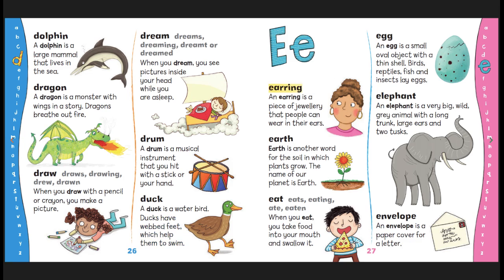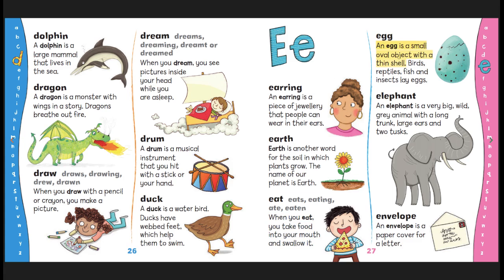Earring. An earring is a piece of jewelry that people can wear in their ears. Earth. Earth is another word for the soil in which plants grow. The name of our planet is Earth. Eat. Eats. Eating. Ate. Eaten. When you eat, you take food into your mouth and swallow it. Egg.